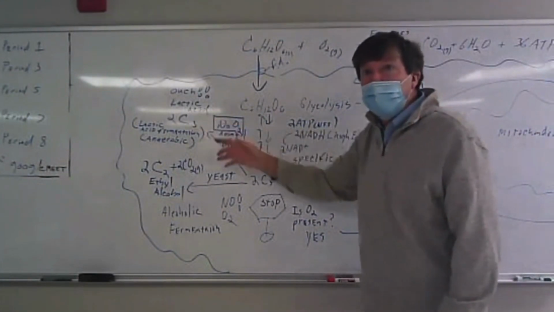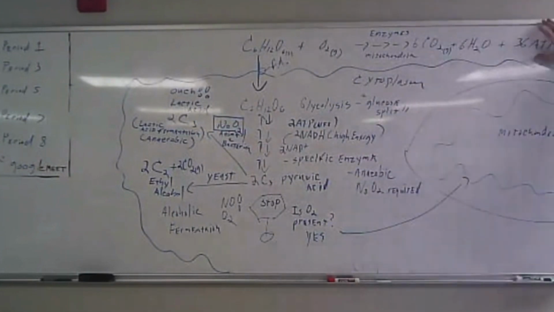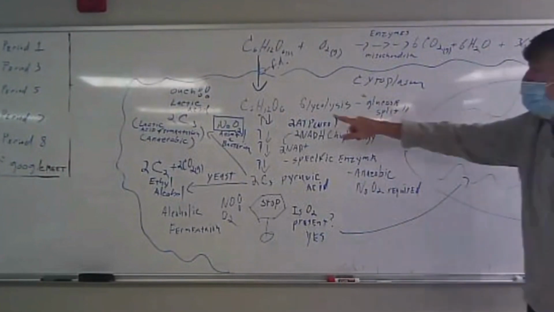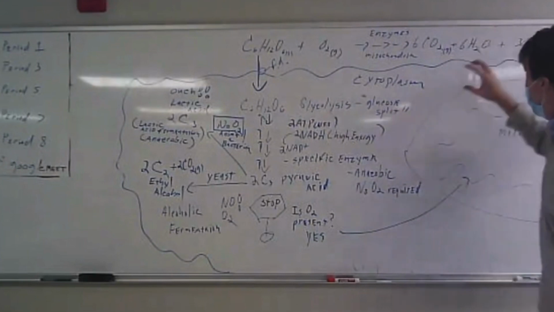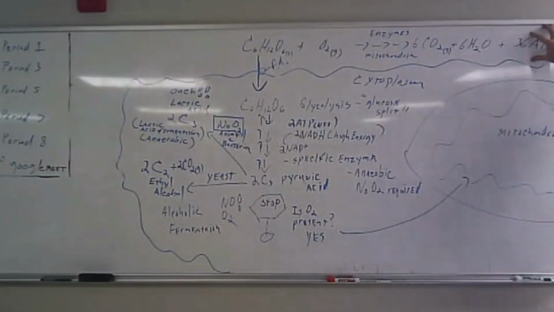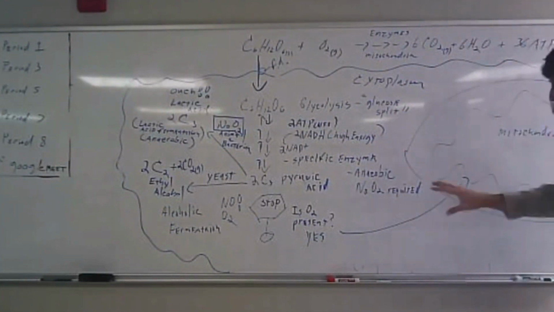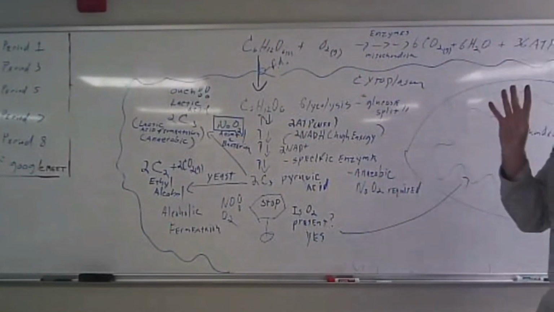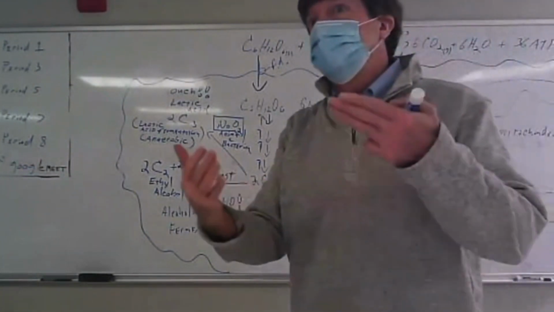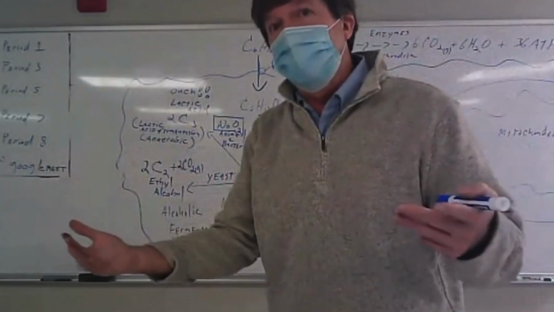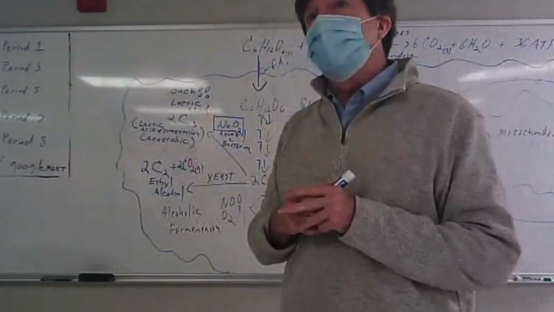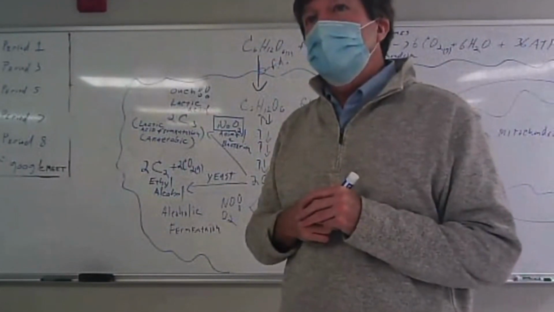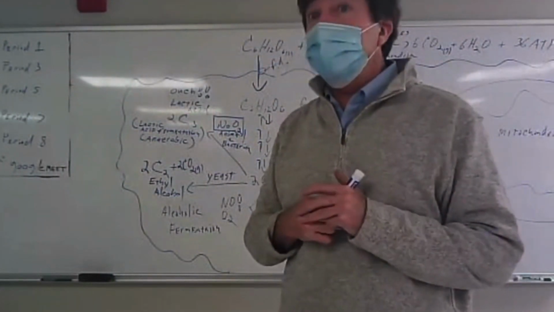So when oxygen is present, boy, you get much more bang for your buck from sugar, glucose. Lots more ATP if oxygen is present. What happens here is an important process, so important it's essential for life, but we've run out of time. So that will be our next lecture topic.